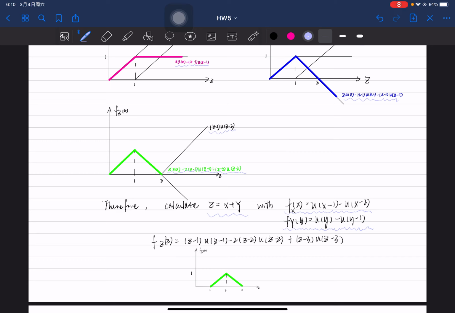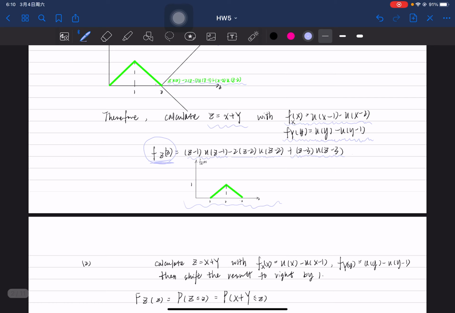Finally we can get the density function of Z, which is (z minus 1) times u(z minus 1) minus 2 times (z minus 2) times u(z minus 2) plus (z minus 3) times u(z minus 3). For the sketch, we need to shift the result above to the right side by 1, and we can get this chart.